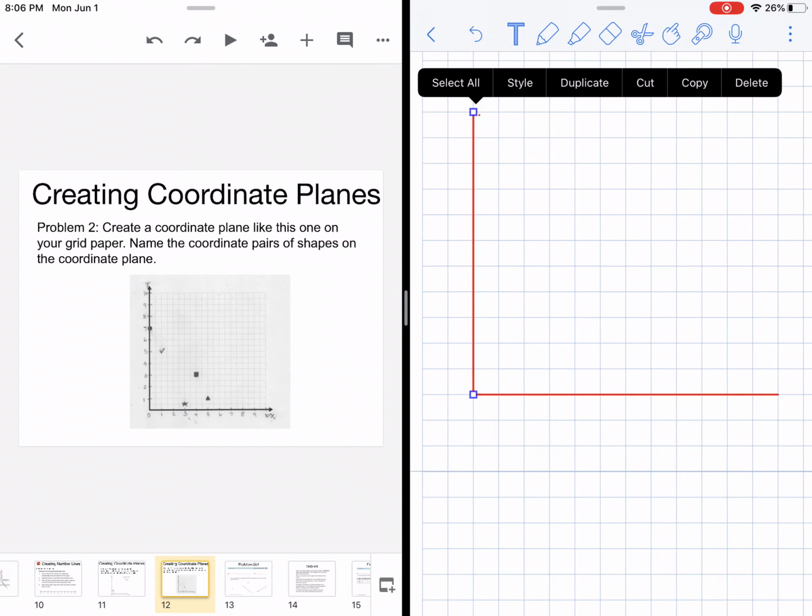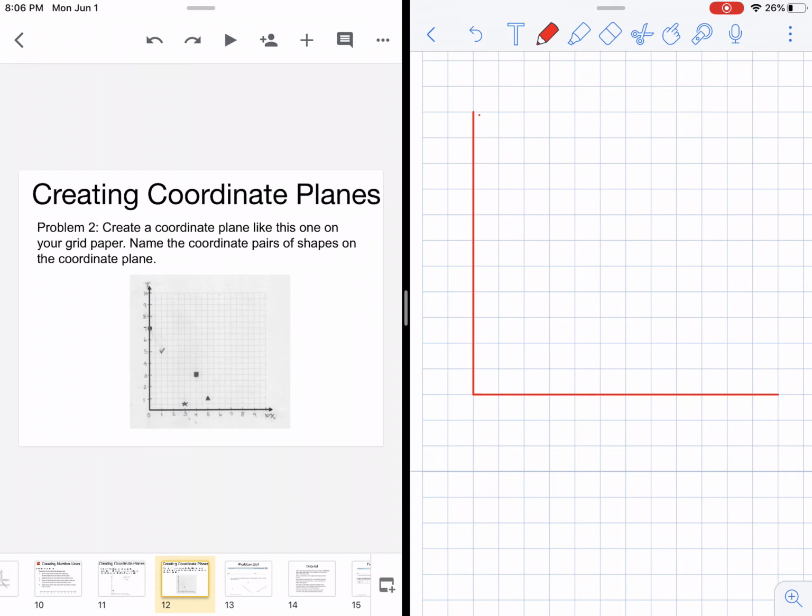Should be straight up and down, perpendicular lines, you guys. And label, okay, your x-axis is horizontal, your y-axis is vertical. And mark your points. We have 1, 2, 3, 4, 5, 6, 7, 8, 9, 10. And 1, 2, 3, 4, 5, 6, 7, 8, 9, and 10. And you want to number them.